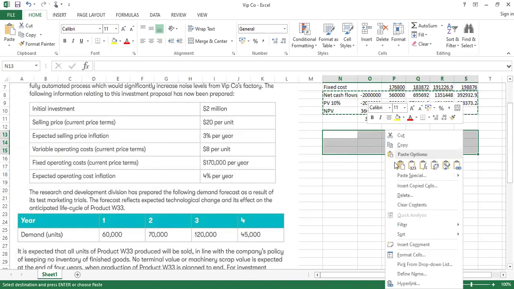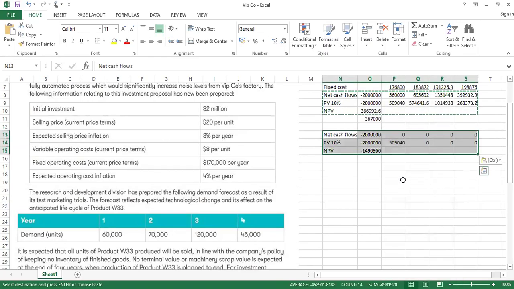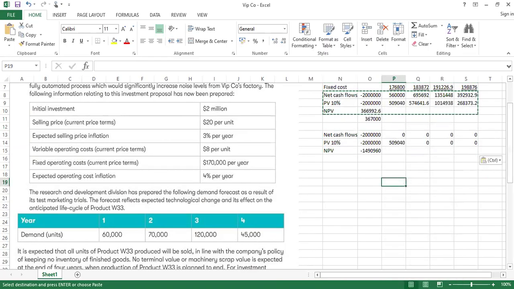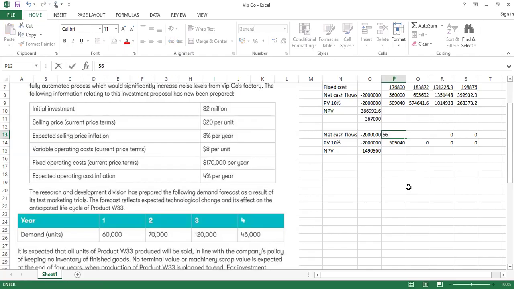At 10%, my NPV is positive. So to calculate another net present value, I need a higher discount rate. So what will I do? I will choose a higher one.